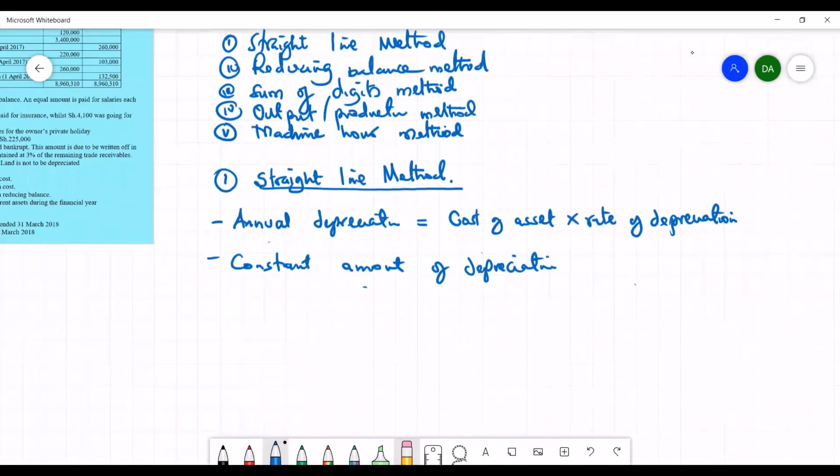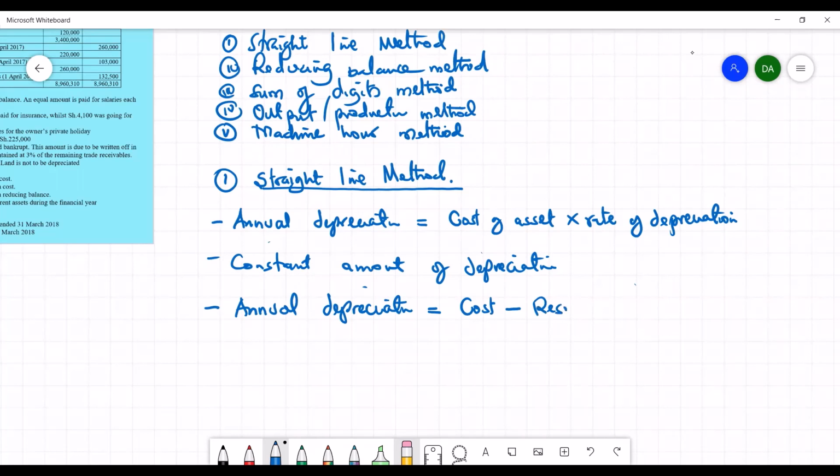An alternative method that can be used is a method that applies the useful life of the asset. If we are applying the useful life of the asset, then annual depreciation equals the cost of the asset minus the residual value of the asset, which can also be known as the salvage value of the asset.